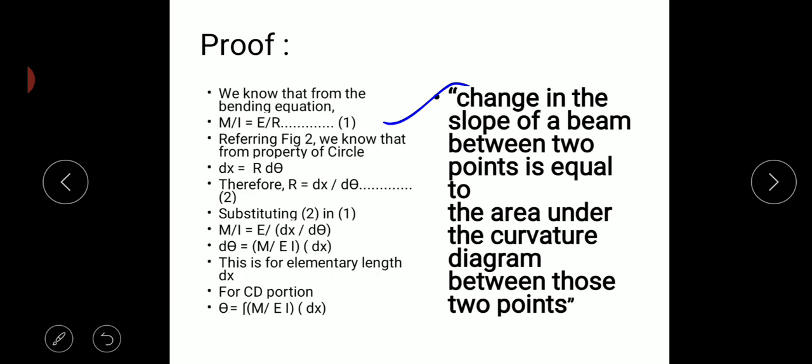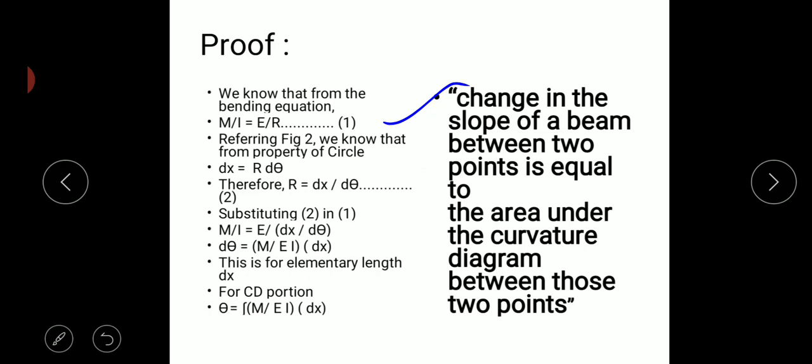Therefore the first theorem of moment area states that the change in slope of a beam between two points is equal to the area under the curvature diagram between these two points. Let me repeat once again: the change in slope of a beam between two points is equal to the area under the curvature diagram between those two points.